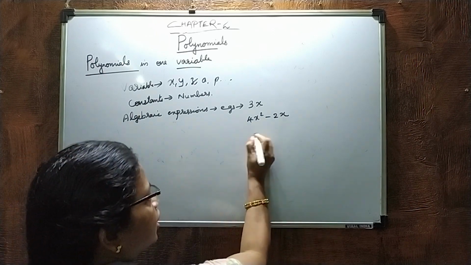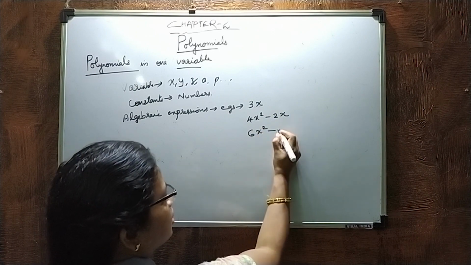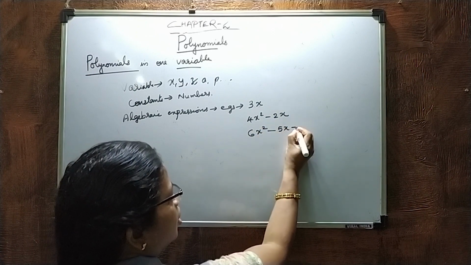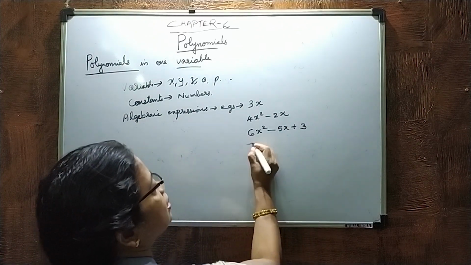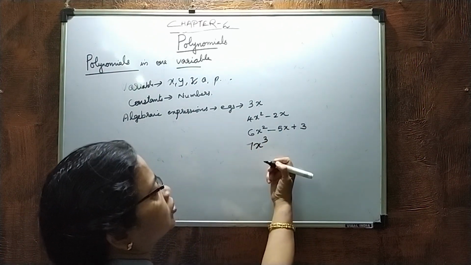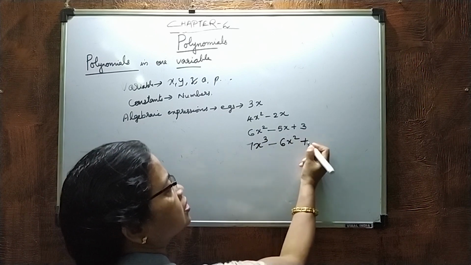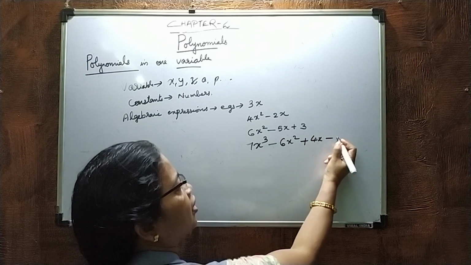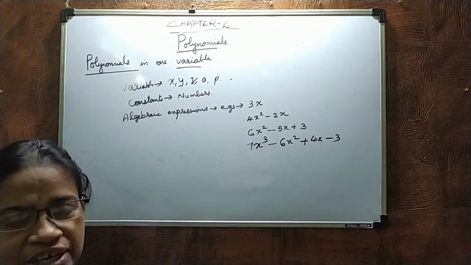Next, you can write 6x square minus 5x plus 3. The next example is 7x cube minus 6x square plus 4x minus 3. So these are all algebraic examples.